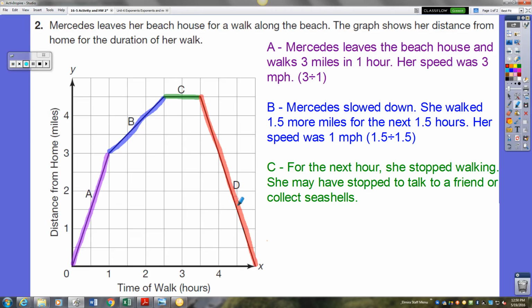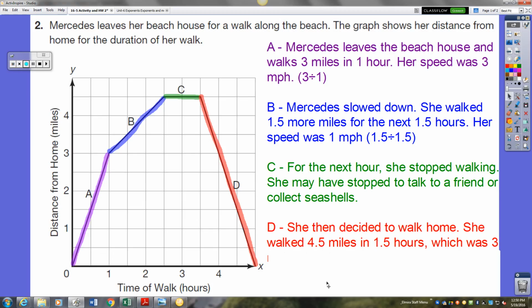She went from 4.5 miles down to 0. And it took her 1.5 hours to do it. She then decided to walk home. She walked 4.5 miles in 1.5 hours, which was 3 miles per hour.